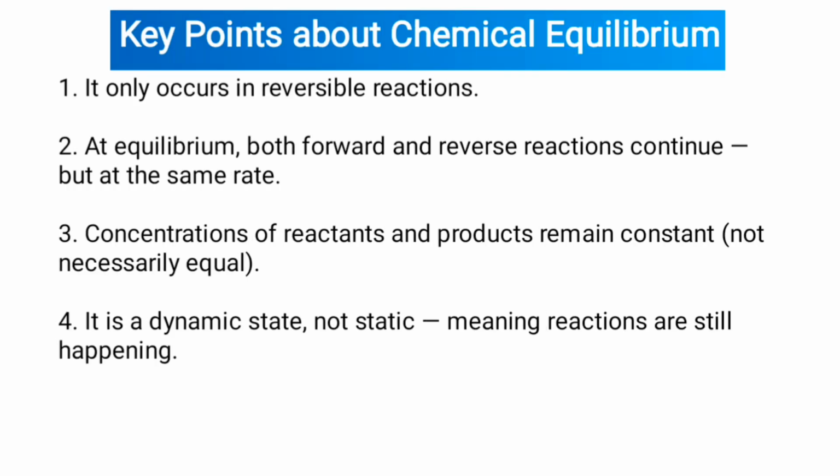Now, key points about chemical equilibrium. Dear student, the first one, it only occurs in reversible reactions. The second one, at equilibrium, both forward and reverse reactions continue, but at the same rate. And the third one, concentrations of reactants and products remain constant, meaning not necessarily equal.